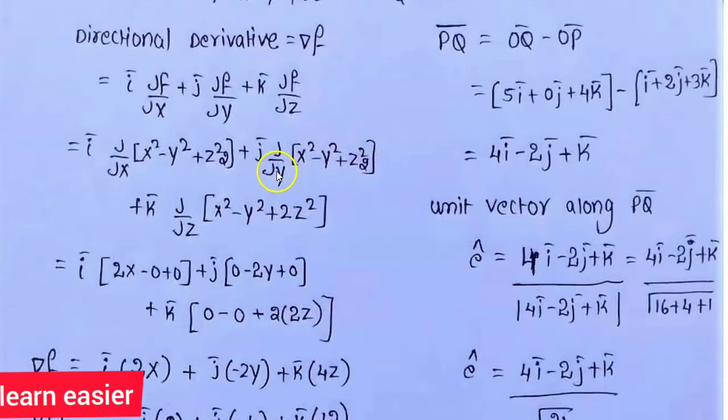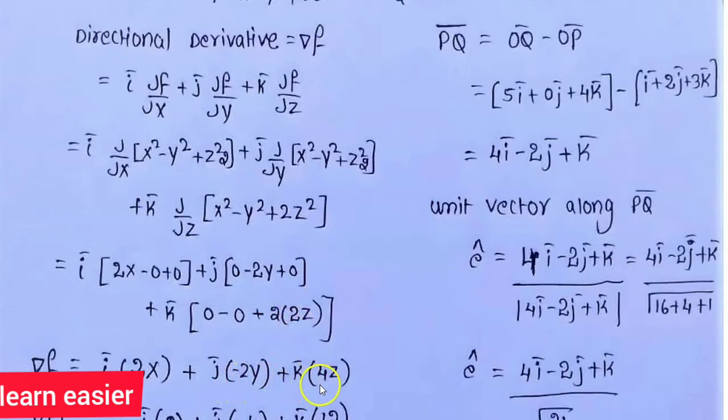With respect to y, the derivative of y square is 2y, so we get minus 2y, and the other terms are 0. With respect to z, the derivative of z square is 2z, so 2 into 2z. Now del f becomes i bar into 2x plus j bar into minus 2y plus k bar into 4z.